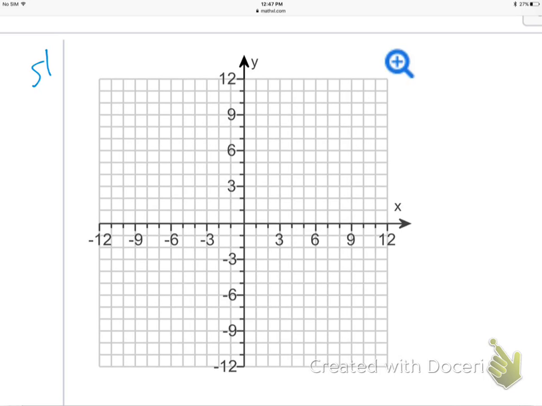Okay, so slope 4/3, 0, -6. Can you graph that? So try that on that graph. See if you can graph that using that point and that slope.